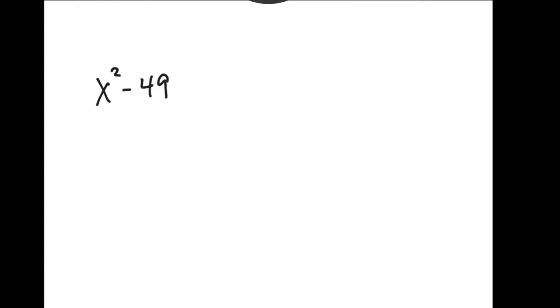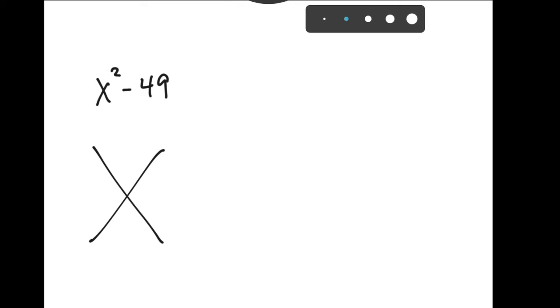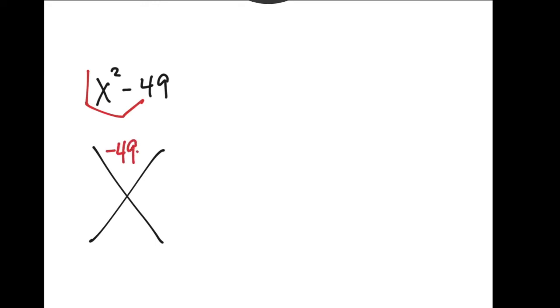Now let's try x squared minus 49. Even though there's no number in front of the x squared, it's really an invisible one. So if I multiply these two, it's negative 49. Again, there is no middle term.